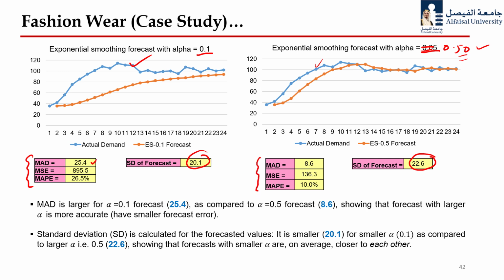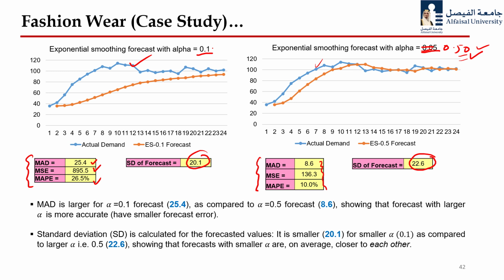We can see that against all the measures of forecast accuracy, when we used alpha equal to 0.5, we are getting smaller errors. So we can easily say that with alpha equal to 0.5, we are able to get a more accurate forecast compared to when we use alpha equal to 0.1.